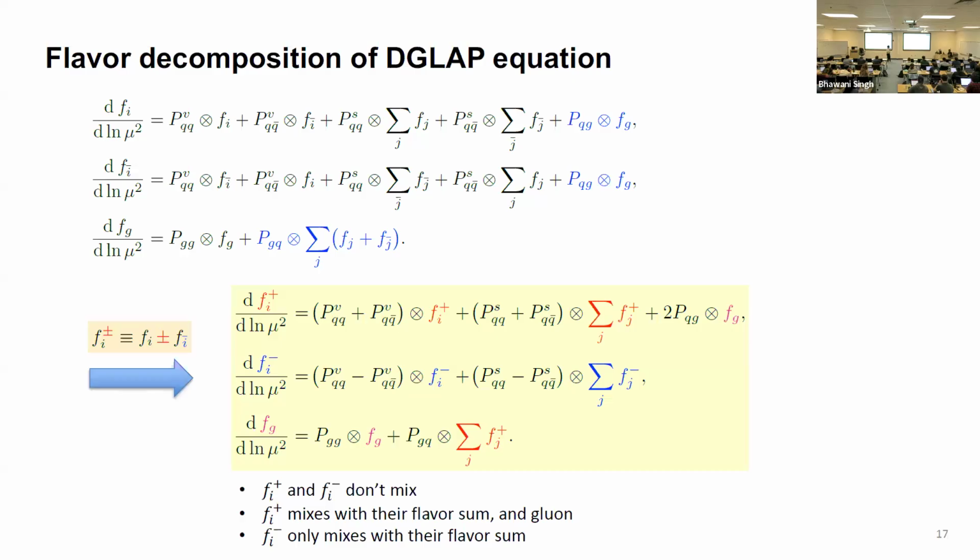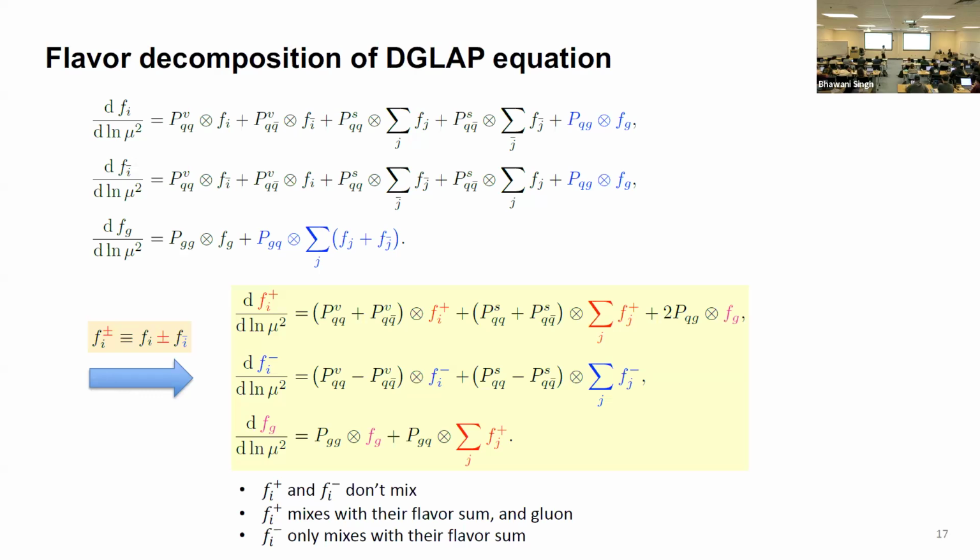So here, Φj plus Φj bar is just Φj plus, and you sum over the flavors. And the Φi minus only mixes with the Φi minus, summed over its flavors. Φi plus only mixes with Φi plus, summed over its flavors, and the gluon.